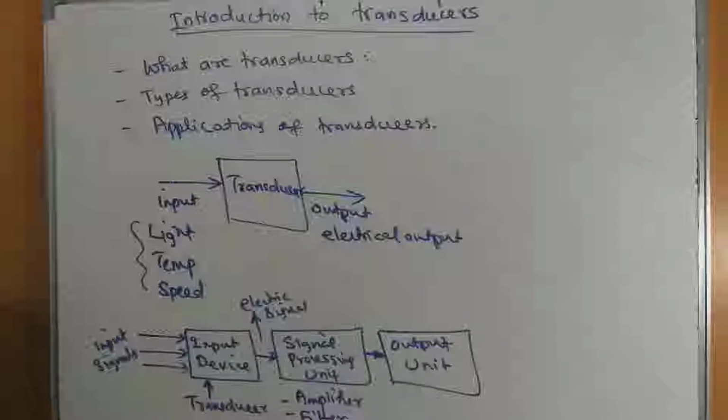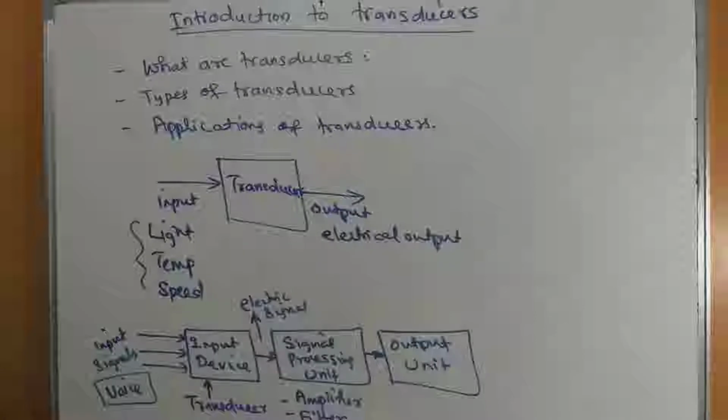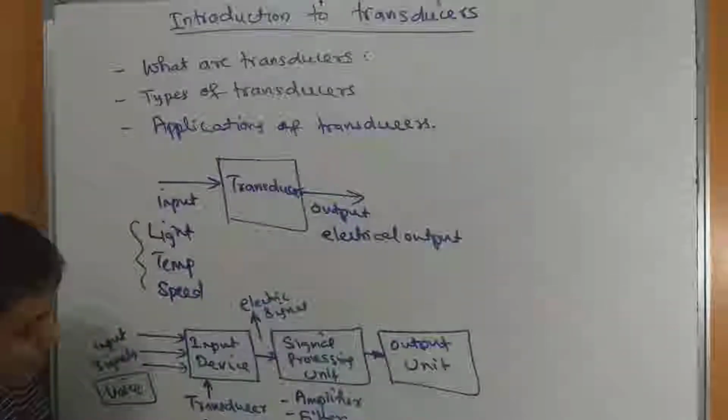Now let us look at one example. Suppose I have a voice recorder system. Voice is the input, and it is a physical form of energy due to vibrations. It belongs to acoustic, or sound, signals, and this sound signal is to be transferred into an electrical signal with the help of a transducer, which we normally call a microphone.